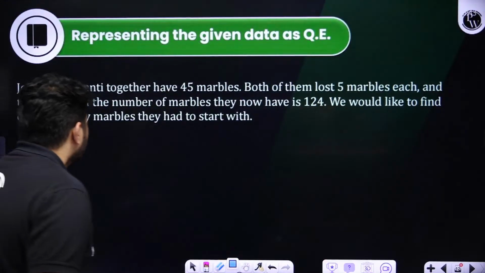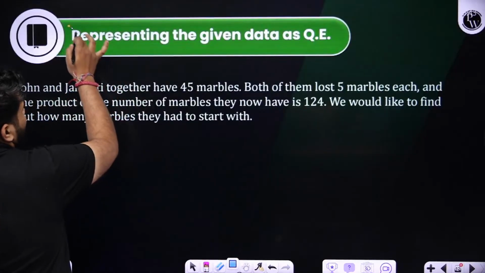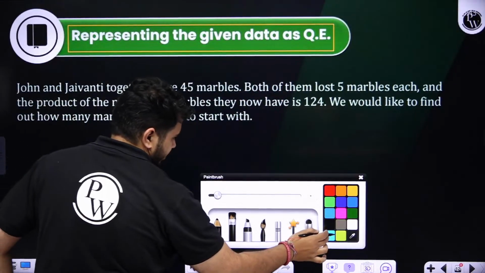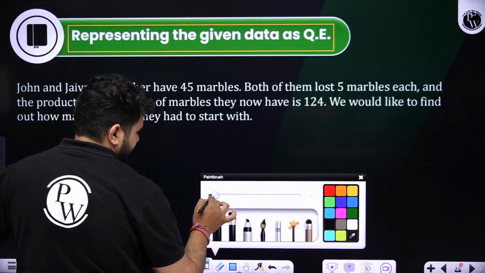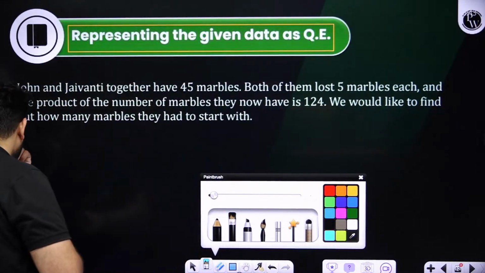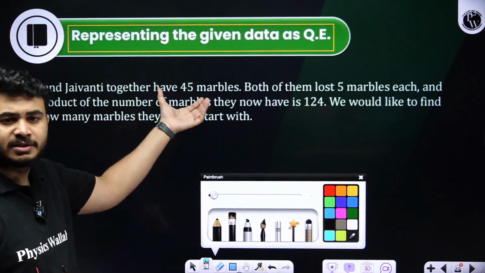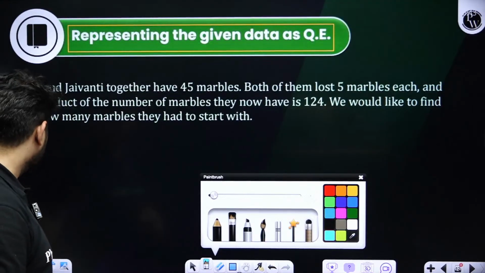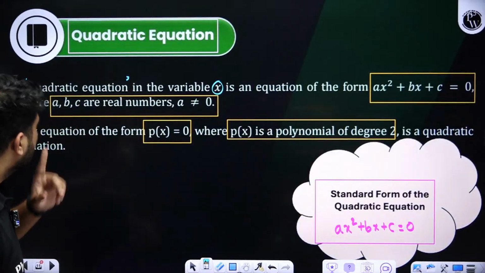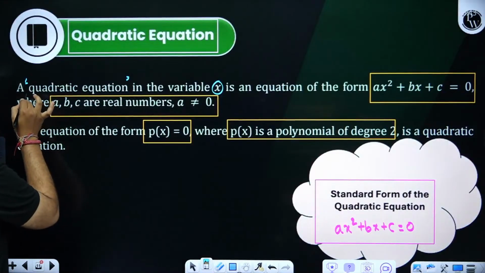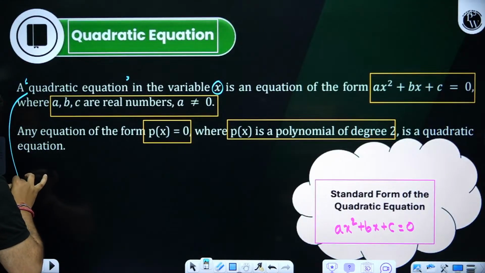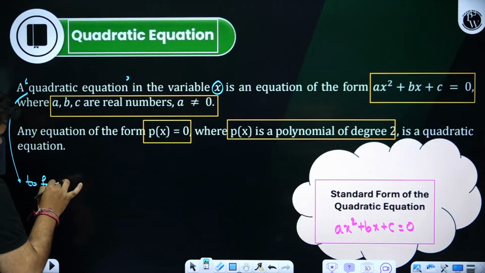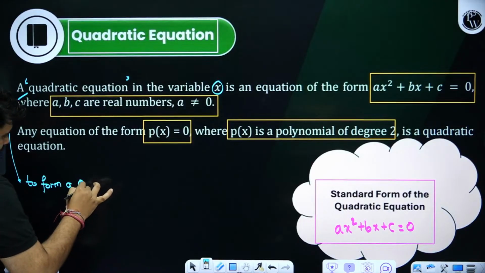So representing the given data as a quadratic equation. They are telling that whatever this data is, we need to represent it as a quadratic equation. To form a quadratic equation, what do we need, students?